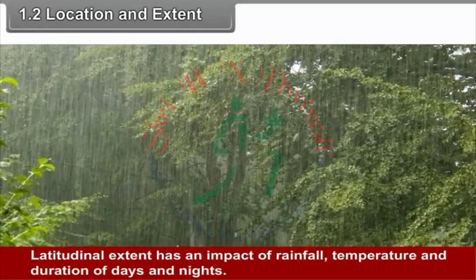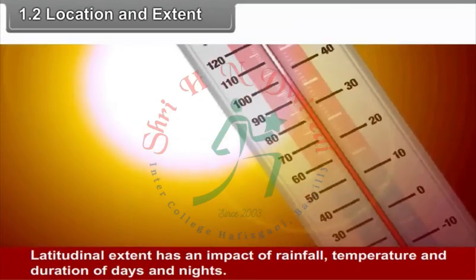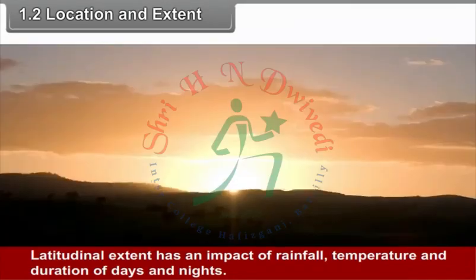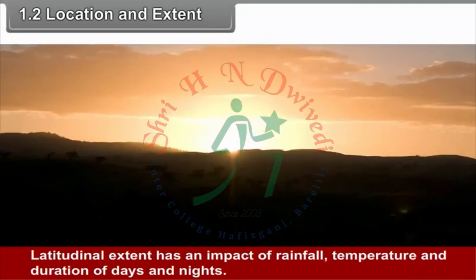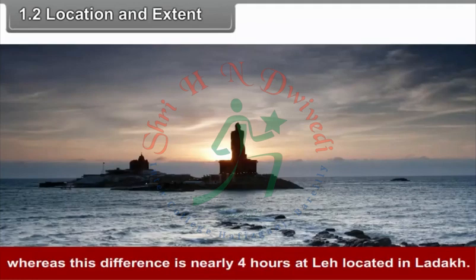Latitudinal extent has an impact on rainfall, temperature, and duration of days and nights. The difference between the longest and shortest day near Kanyakumari is about 45 minutes, whereas the difference is nearly 4 hours at Leh, located in Ladakh.